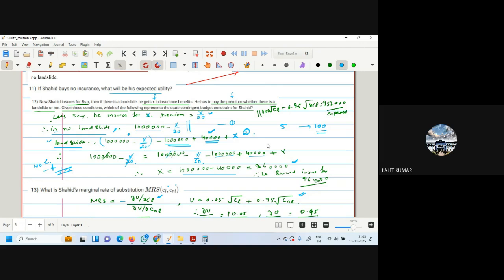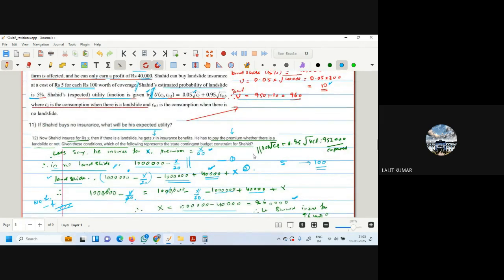Okay. So see, Shahid has got two states. One state is no landslide, second is landslide. The probability is 0.95 for no landslide, and 0.05 for landslide. His utility function they have given is 0.05 root CL plus 0.95 root CNL.